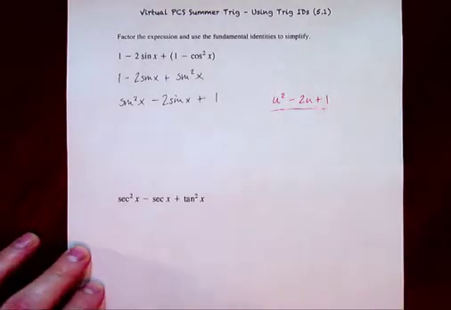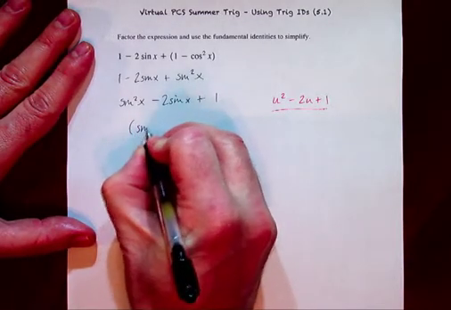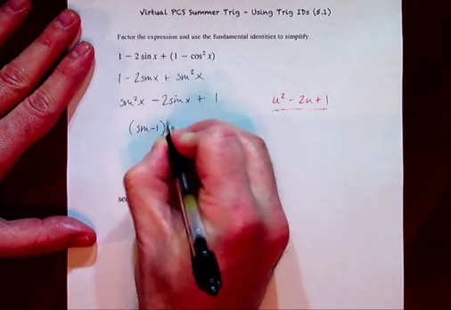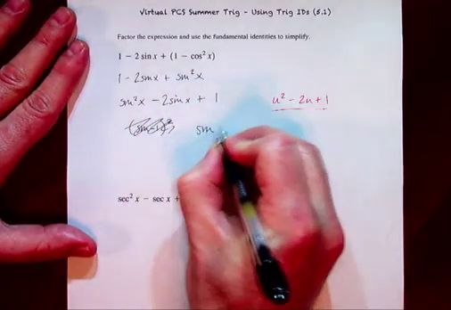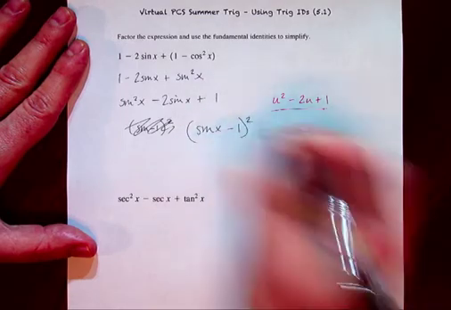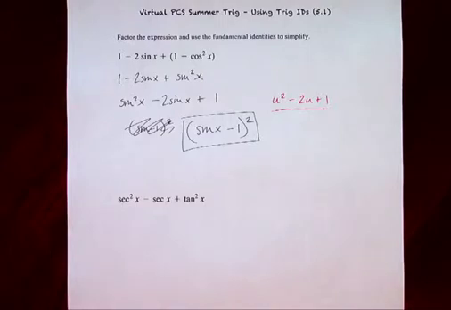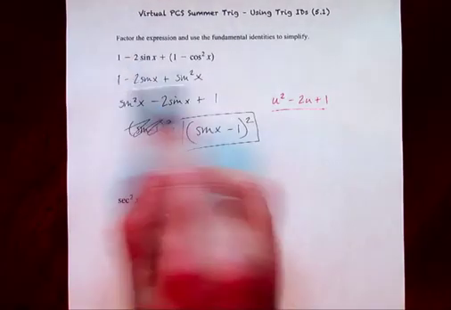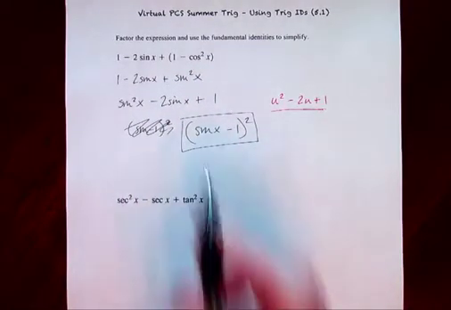It's of a quadratic form, and therefore it can factor in the same way that a quadratic can. Oh, sorry, I almost did a no-no. And therefore I get sine x minus 1 quantity squared. Okay? And that is much simpler than that. Now, it isn't as simple as maybe some of us would like it, but it is simpler.